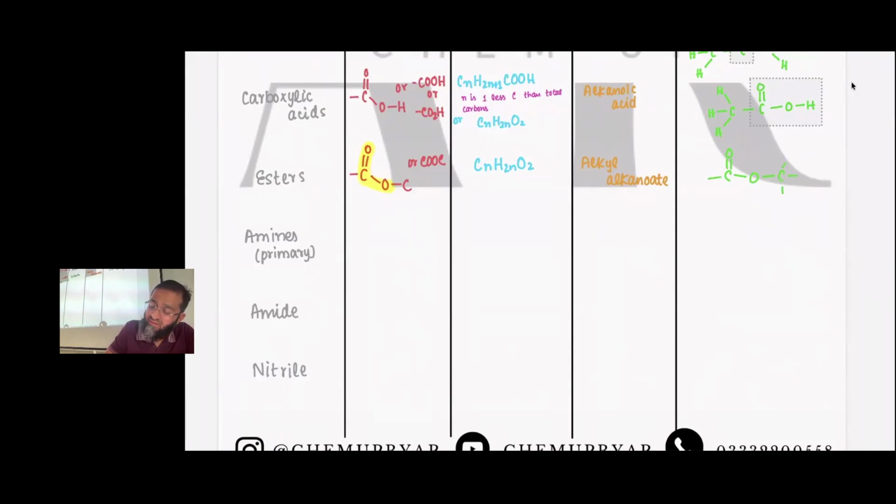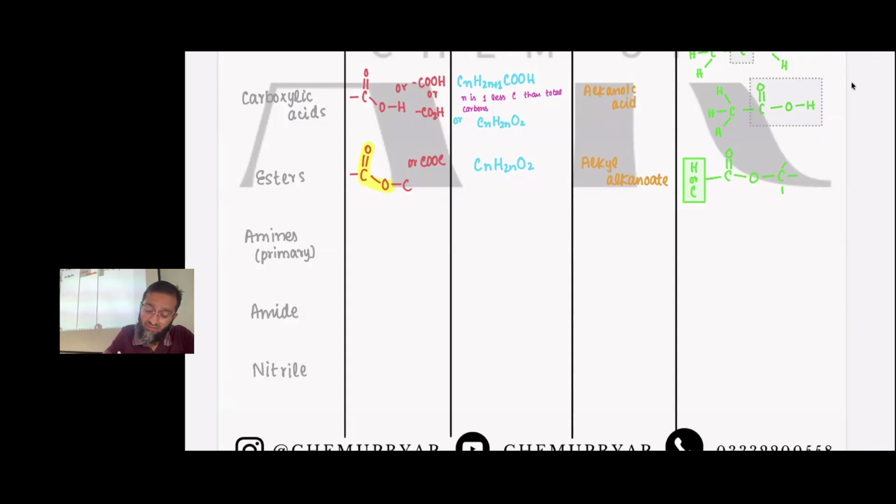And over here, it doesn't matter. It can be H or C. Anything can be bonded to the carbon double bond. Yes, is this clear to all of you?